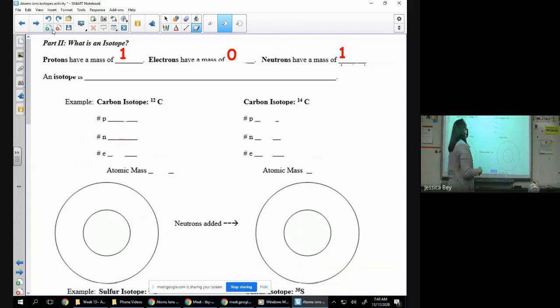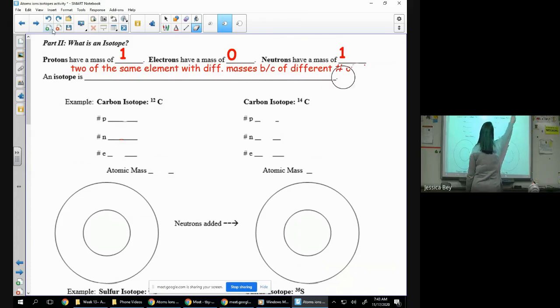An isotope is 2 of the same element with a different mass, because of a different number of neutrons.